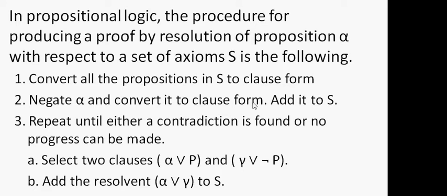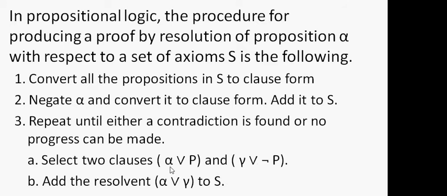Now we'll repeat the next two steps until we get a contradiction or we are stuck somewhere for some reason. First, we find two clauses in the form alpha or p and y or negation p.